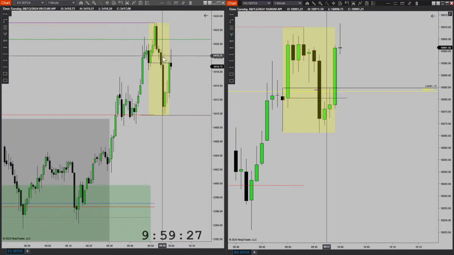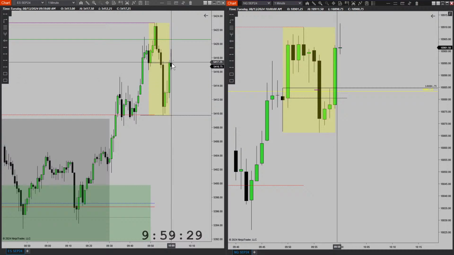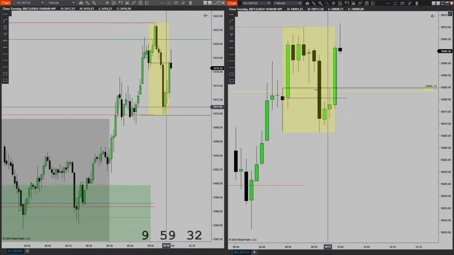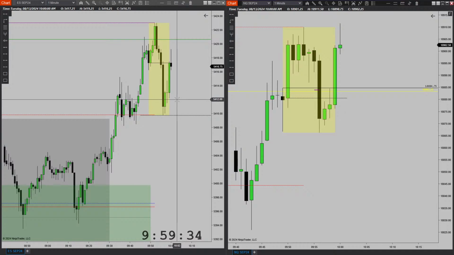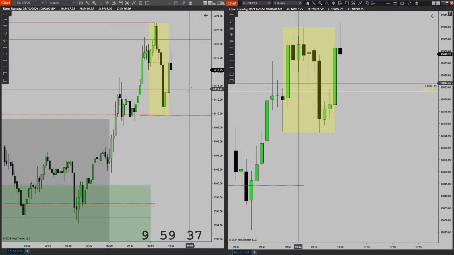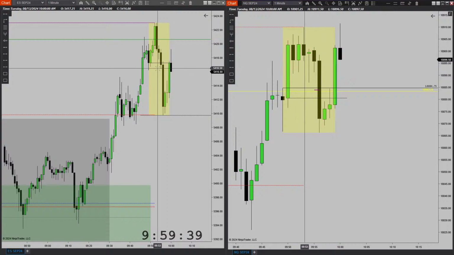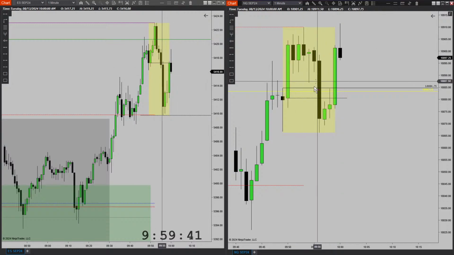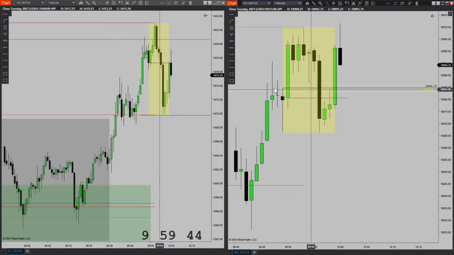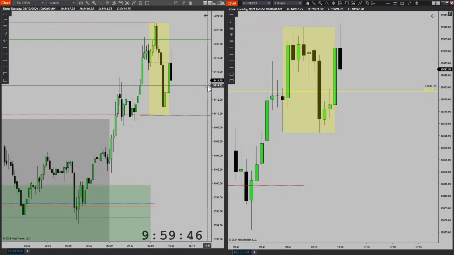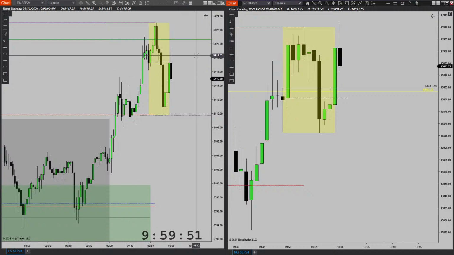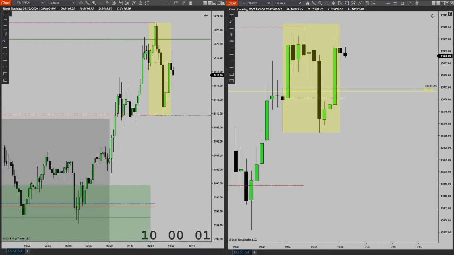Gap, imbalance. If this ends up being the order block, then I would like for price to displace lower with a gap so I could enter on this one instead of this one. So just watching still.